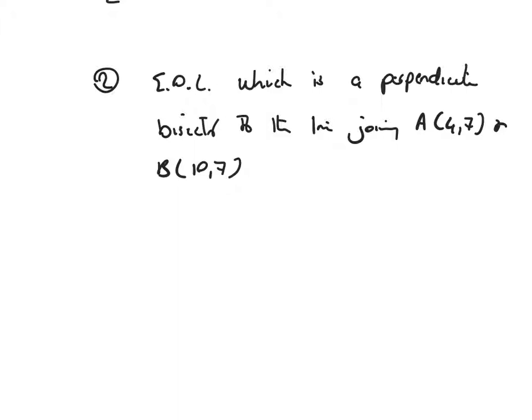Okay, so there's a line AB and we need to find the perpendicular bisector.